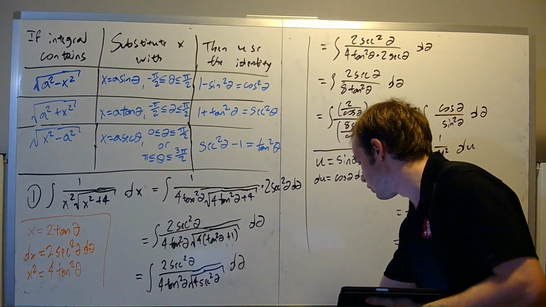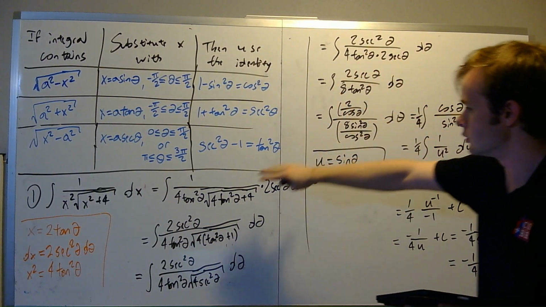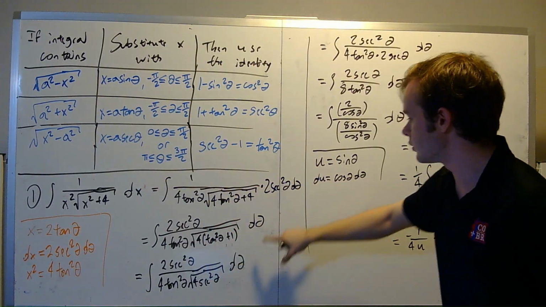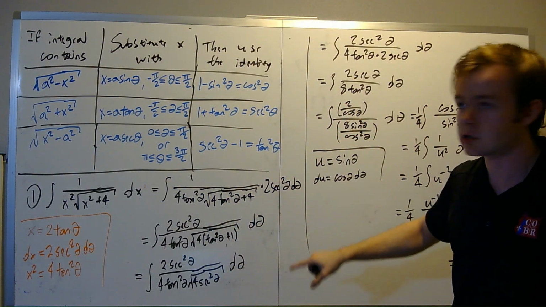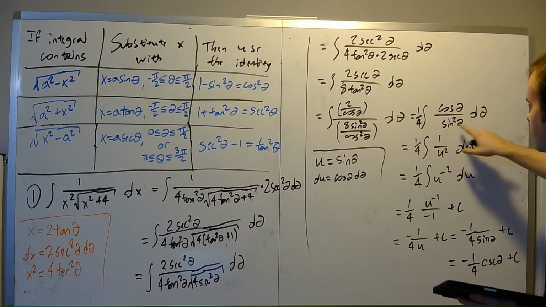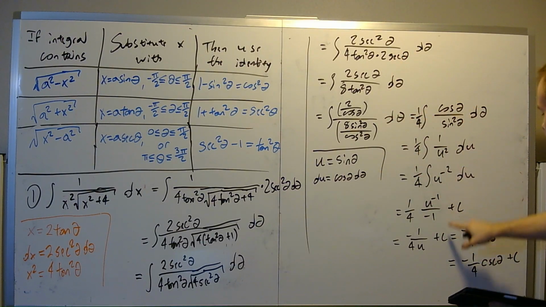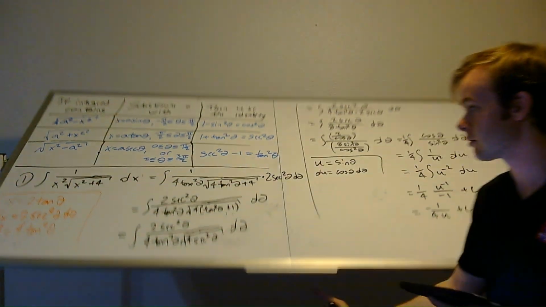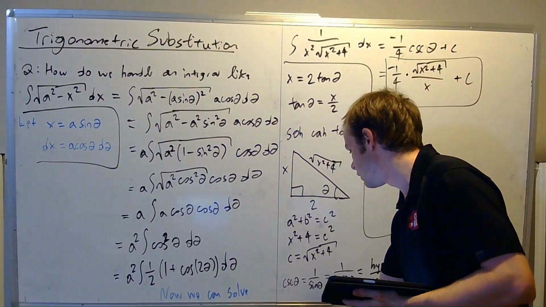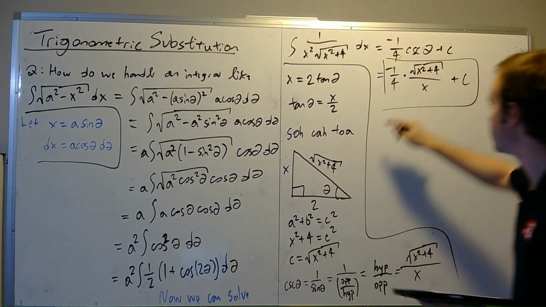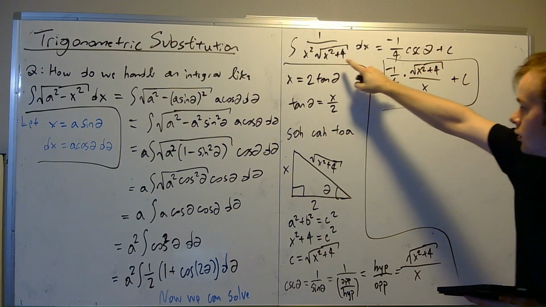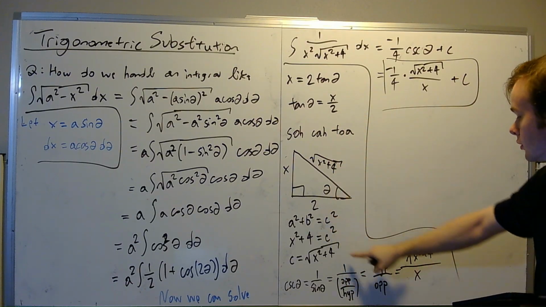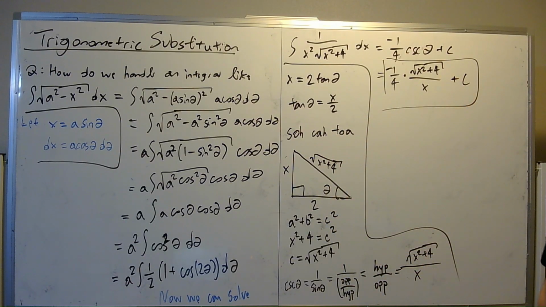You do all of this work where you're taking your original integral, writing everything in terms of theta, using that trigonometric identity, and you're just trying to work it until you get a final answer that's in terms of theta. Then your last step is to turn this answer in terms of theta into an answer in terms of x, which is what we did on the other board right here. So we took our answer in terms of theta, and we said we can do this work with this right triangle to turn it into an answer in terms of x.